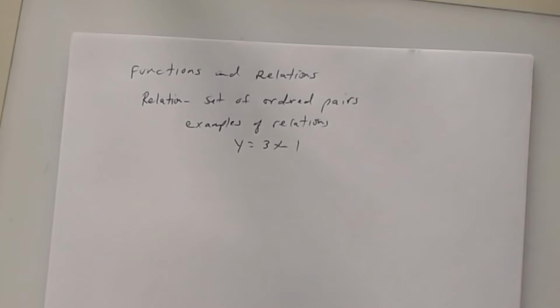Why is it considered a relation? Because if you graph it, you're graphing what? Ordered pairs, x and y, right? In fact, what kind of equation is this if you were to graph it? Linear. You would get what kind of graph? A line, right?